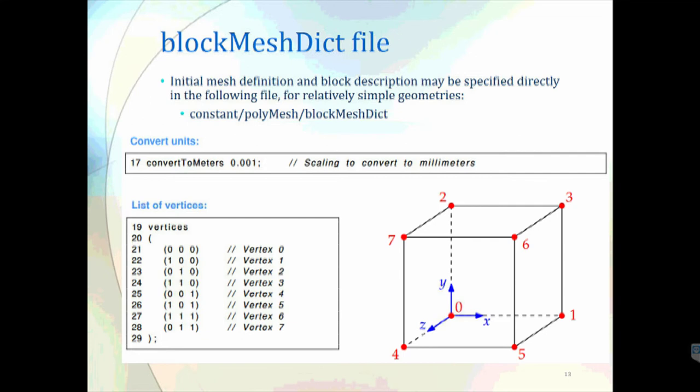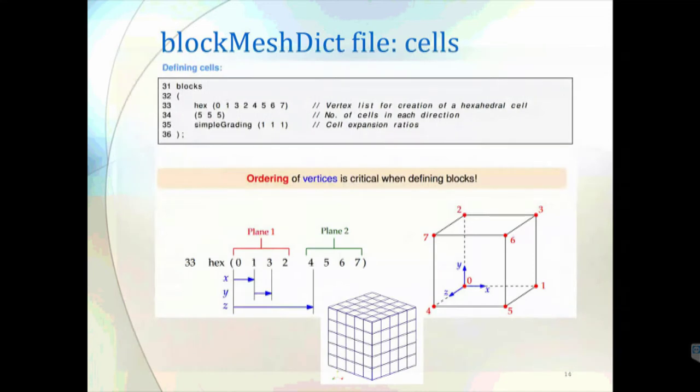So, for example, if you want to convert to millimeters, you simply write convertToMeters 0.001, and it will convert all of the dimensions into millimeters. So this one will become 0.001, this one will also become 0.001, and so on. So you can write your code in an easy manner, but OpenFOAM will convert it automatically.